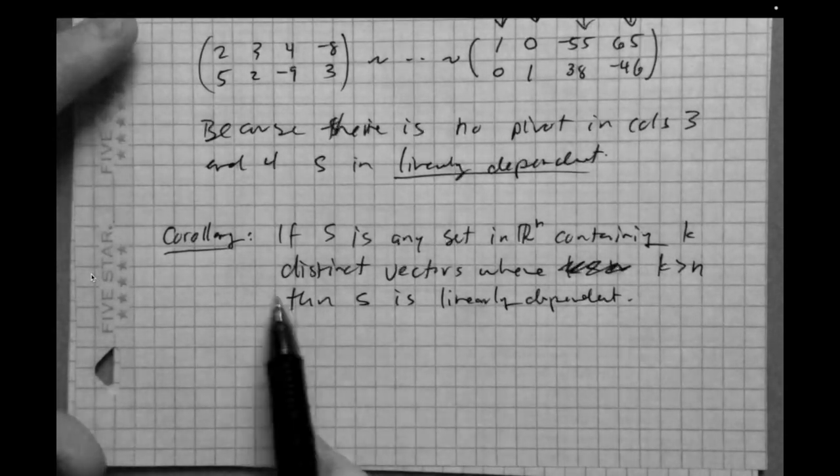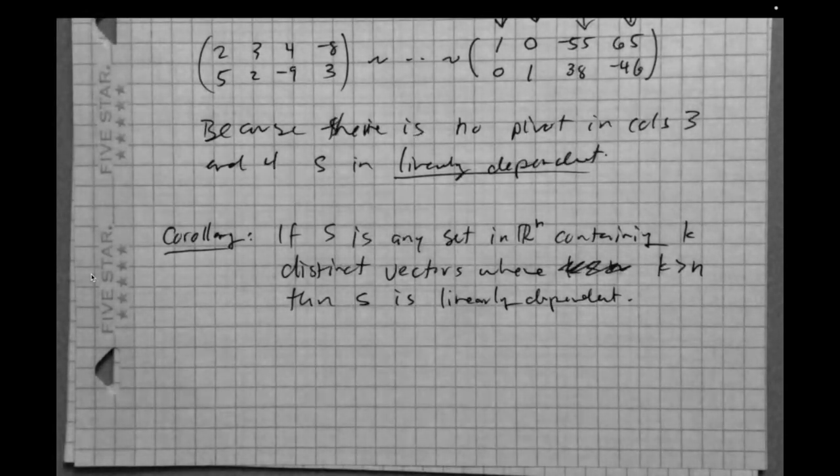Okay, so if S is any set in Rn containing k distinct vectors, where k is a larger number than n, then S is linearly dependent.